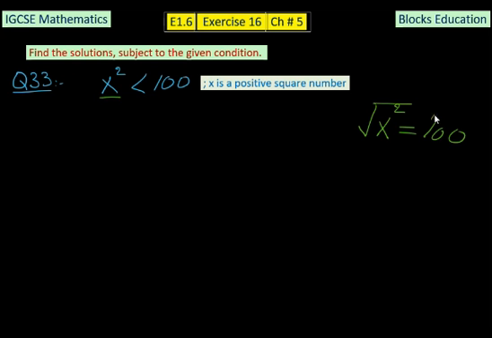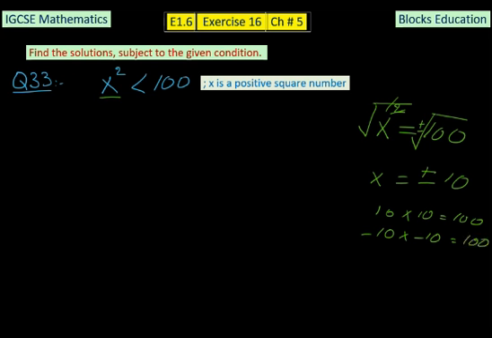This is the way you calculate the value of x, and whenever you take the square root, you write the plus minus. The square and square root cancel out each other, so x equals the square root of 100, which is 10, so x equals plus minus 10. It means that plus 10 times plus 10 makes 100, and even minus 10 times minus 10 makes plus 100, because minus times minus is plus, and 10 times 10 is 100.